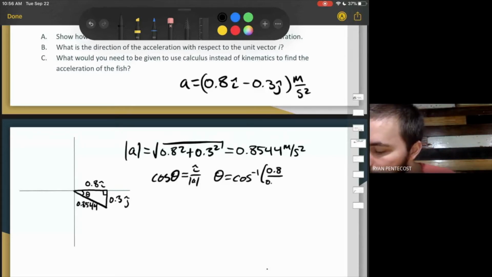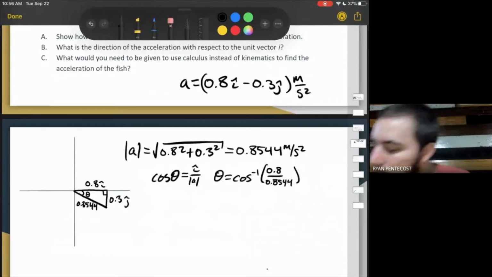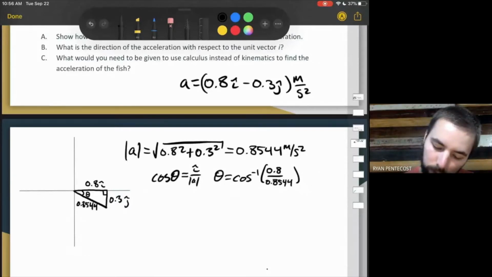And if I did this right, it should come out to 20.556. So let's say 20.56 degrees. Okay.